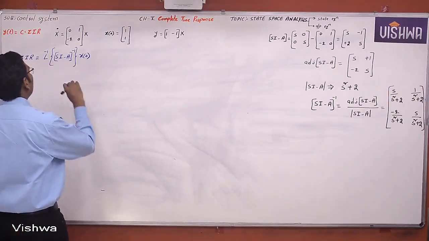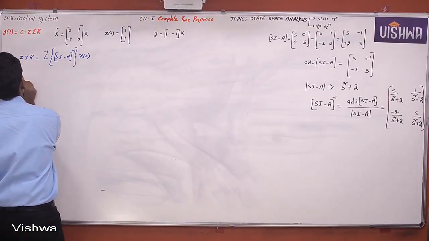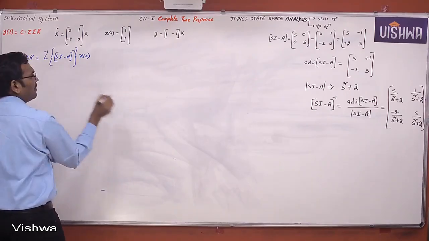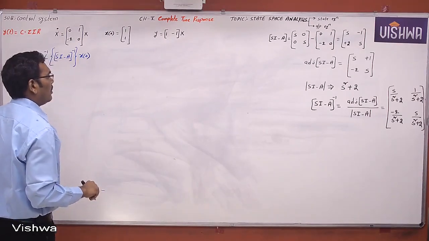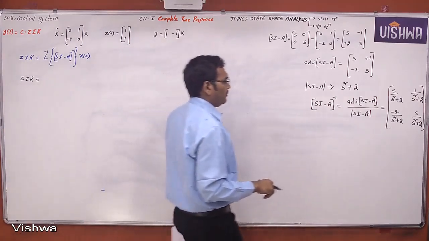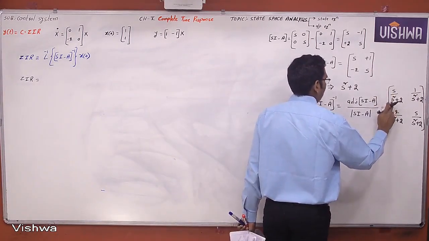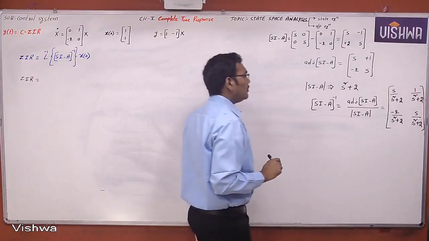Therefore, whose inverse Laplace transformation? What is the zero input response? Zero input response is now the inverse Laplace transformation of that. Now see here, s by s square plus b square.